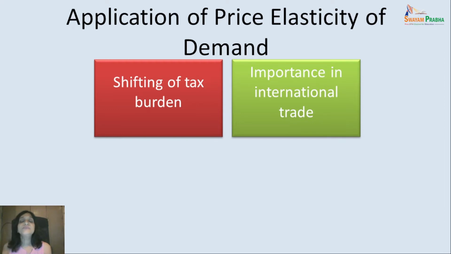If a country is facing some issues in its balance of payments or with its foreign exchange reserves, and it wants to limit its imports or increase its exports, how much should be the value of its currency compared to the foreign currency, and whether that value of its home currency should be reduced, and how much impact it will have on exports and imports, will be determined by the elasticity of demand of exports and the elasticity of demand of imports.